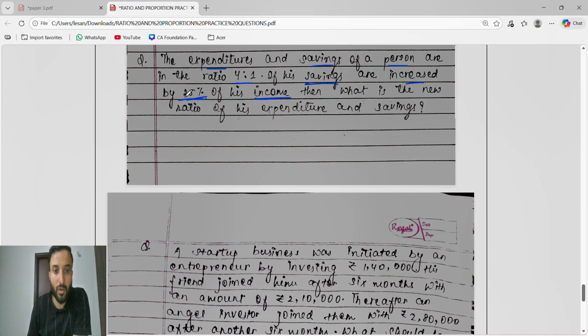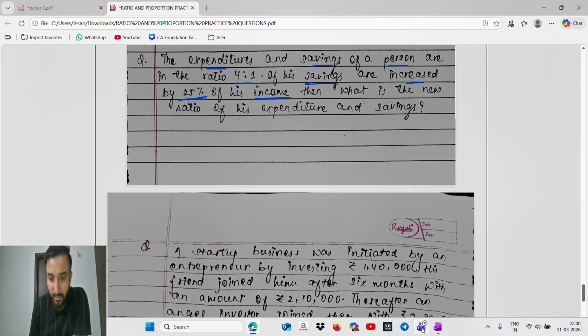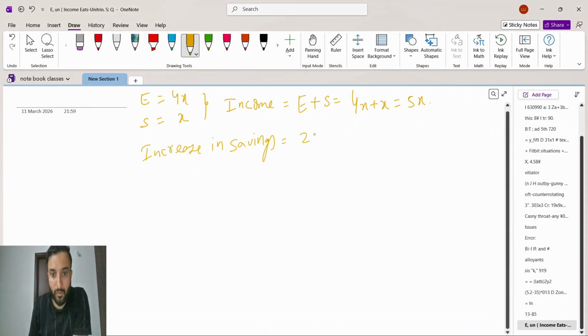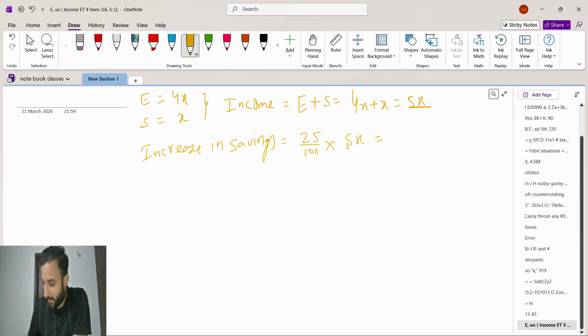Increase in saving by 25% of his income, that is 25 by 100 of income. Income is what? 5x. So you will get 25 divided by 100 into 5x, 1.25x. So the increase in saving is 1.25x.